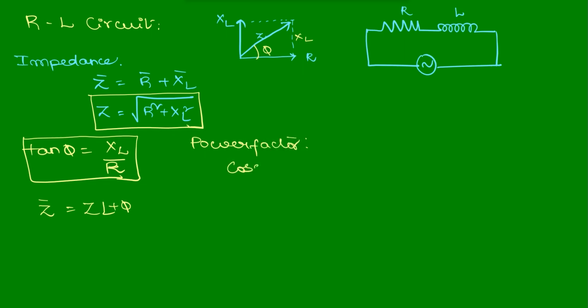Power factor cos phi will be equal to adjacent side by hypotenuse, R by Z. Once we know the power factor, we can find the current in the circuit.